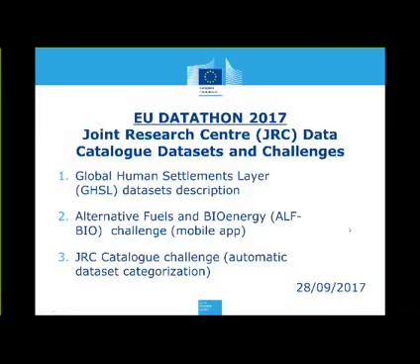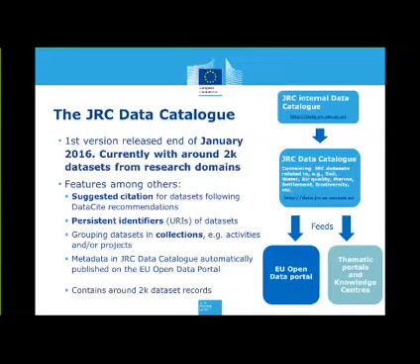Next. Okay, so we can go to the next slide, please. Is this one or the other one? Yes, this one. Okay, as I told you, the GRC data catalog is in the middle, the external version, and you can find the URL in the middle box. Okay, we have almost 2,000 datasets that we upload in the European Open Data Portal, and also we disseminate the metadata to other catalogs, okay?